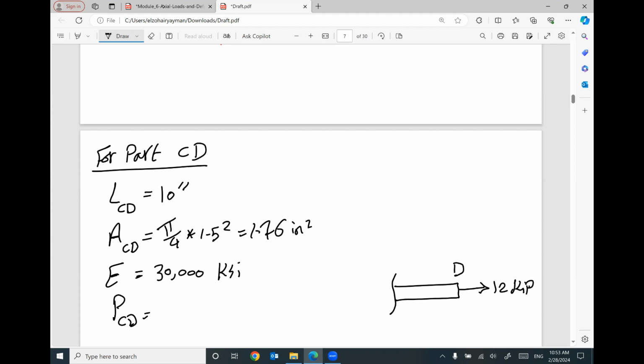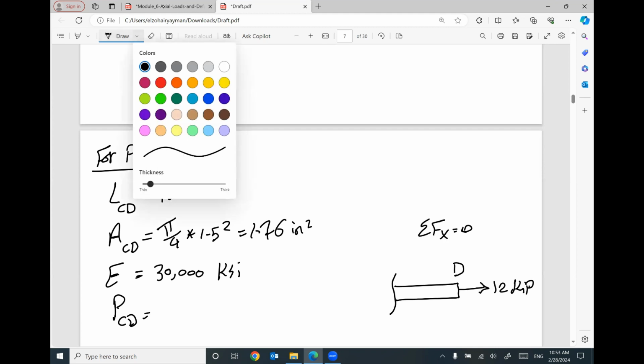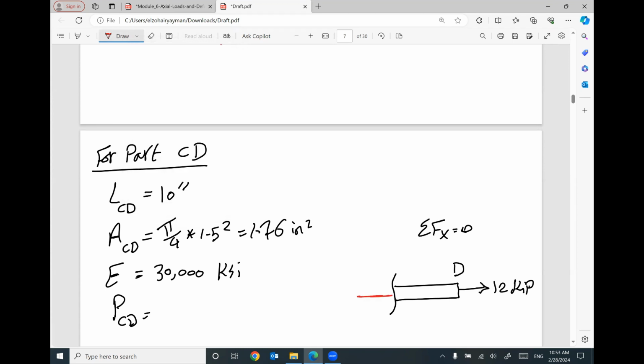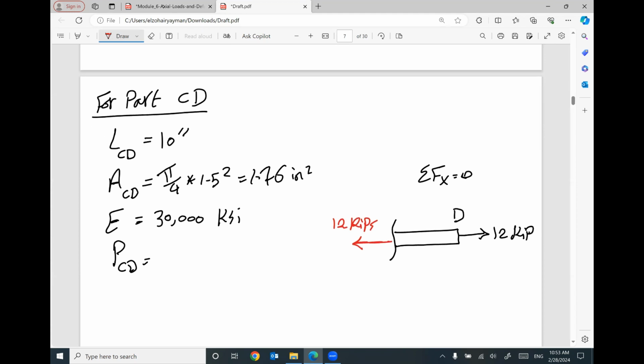If you apply summation Fx equals 0, we must have a force in this direction equal to 12 kip to make equilibrium. This force in this direction is pulling. Pulling means it will cause tension, 12 kip.